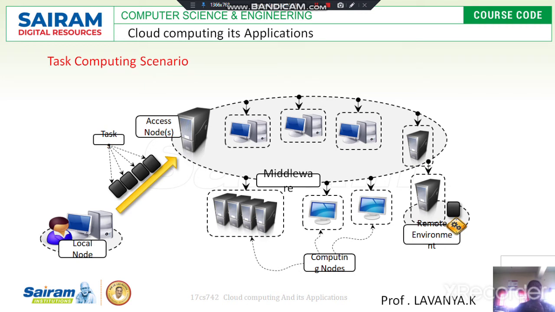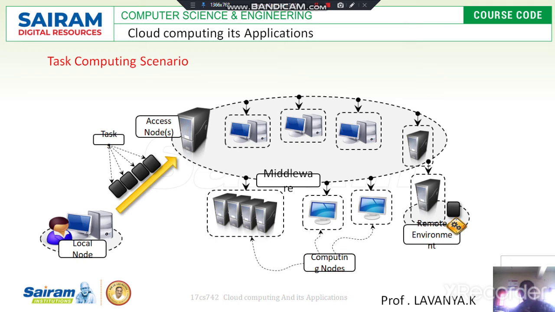Here, a user submits a collection of tasks through the access points of the middleware, which takes care of scheduling as well as monitoring those tasks. Each computing resource provides the appropriate runtime.